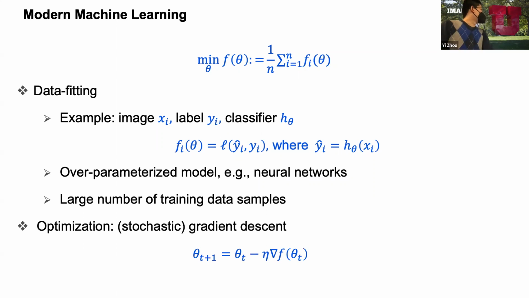A very popular and widely used algorithm for solving the above optimization problem is the gradient descent algorithm. In every iteration, we compute the negative gradient of the loss function and then use the negative gradient to update our current model parameters. Here, eta is a scalar that we call the learning rate, or the step size.